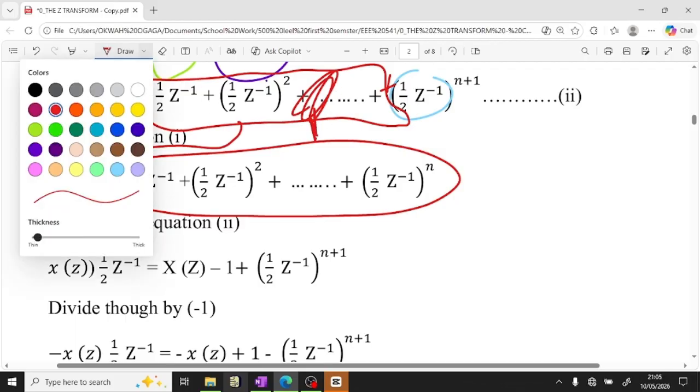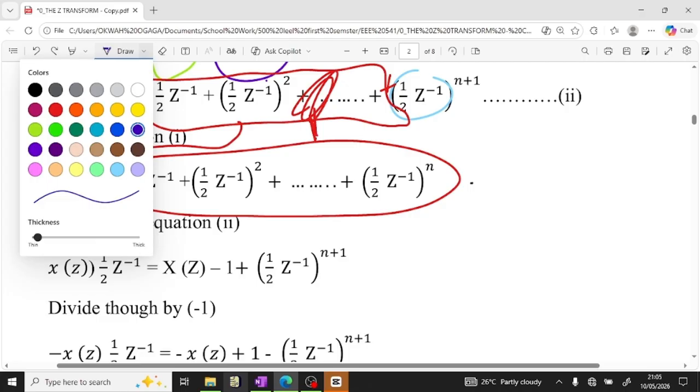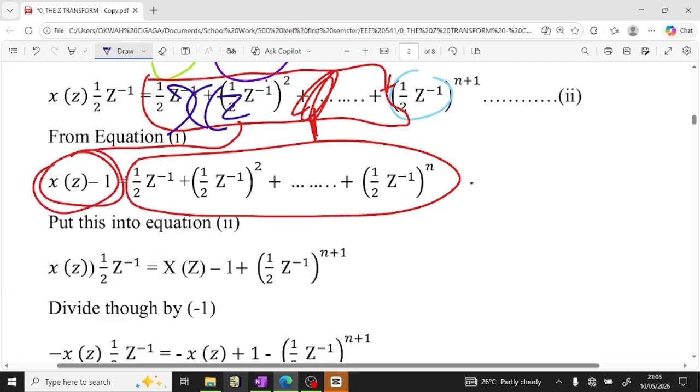Let me use a different color so you see what I'm saying. Change everything there to x of z minus 1, then plus this one. That's what's going on here. So this whole thing is equal to x of z minus 1 plus what we have here.